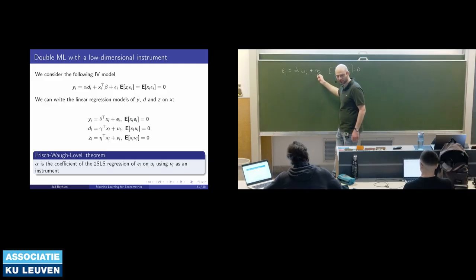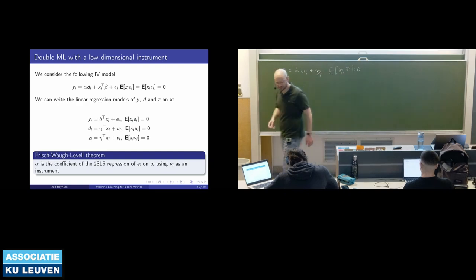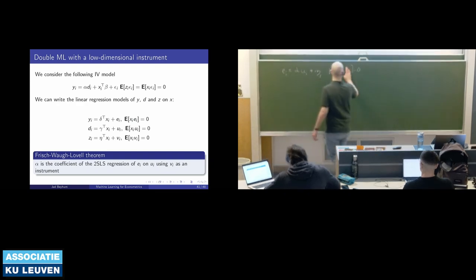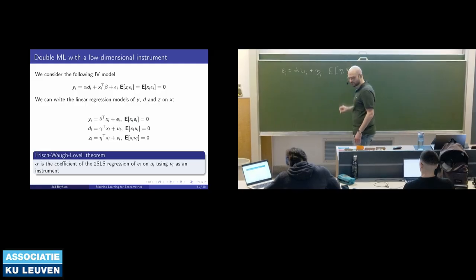And this is what you are estimating in the last step. So you're estimating this by 2SLS using Z_i as the instrument. Sorry, not Z_i, I meant V_i. So you can show that. That's exactly what is estimated by the last 2SLS, okay?